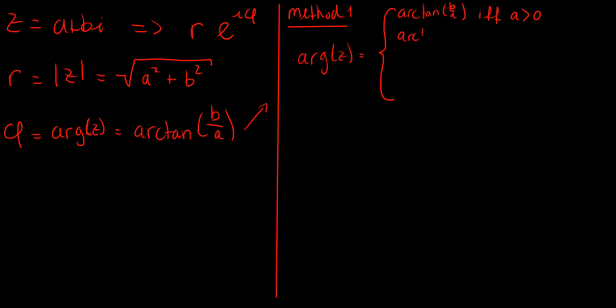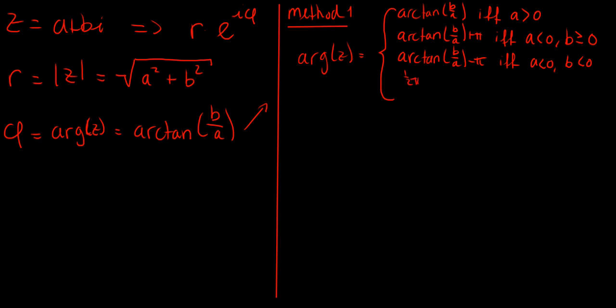It is equal to the arctangent of b divided by a plus pi if a is smaller than 0 and b is bigger or equal to 0. It is equal to the arctangent of b divided by a minus pi only if they are both smaller than 0.